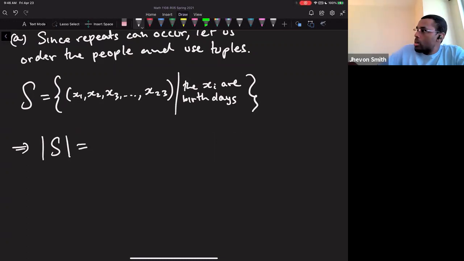We know the number of ways to create tuples of size R, where each entry has n options, is n to the R ways, by the multiplication rule. Therefore, we know the size of S, and it's actually huge. The n here would be 365, and the R would be 23. So it's going to be 365 to the 23 total possible things here, which is a lot.